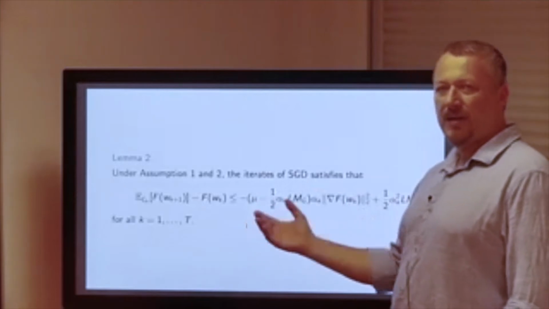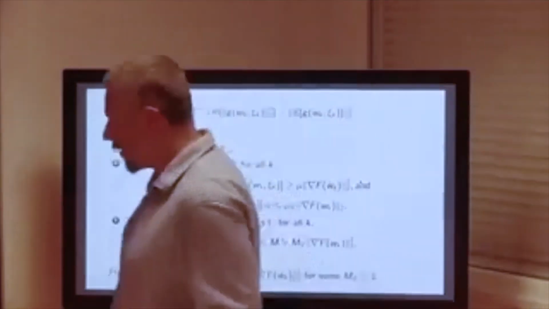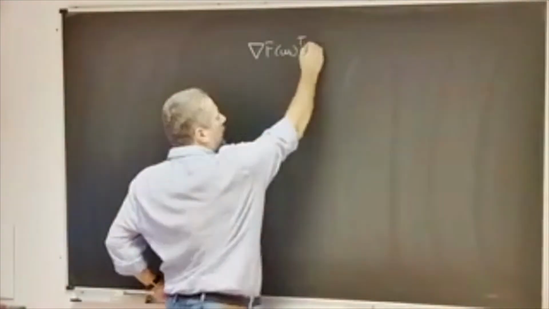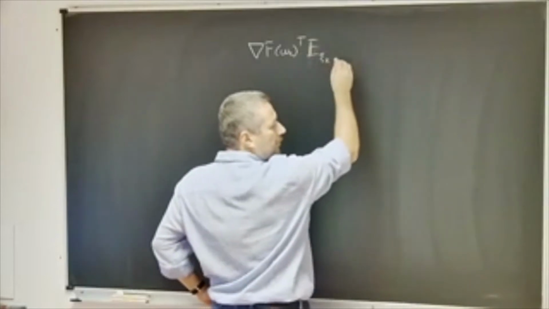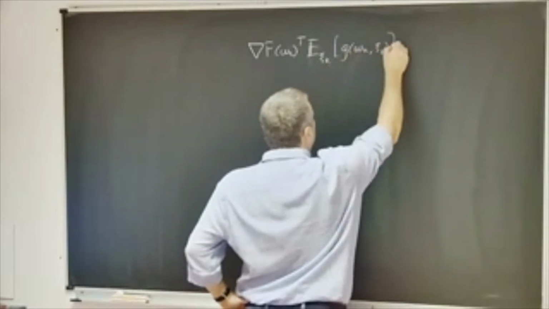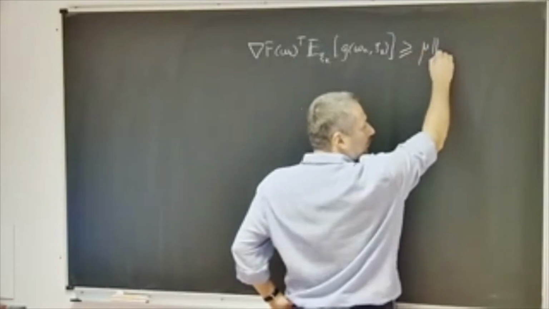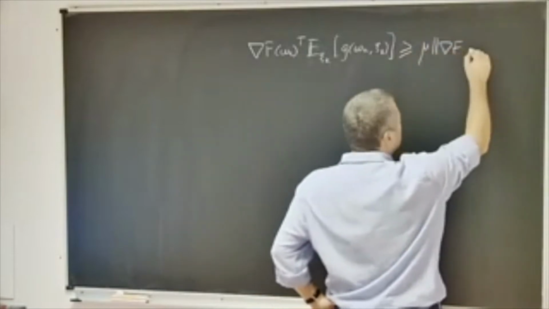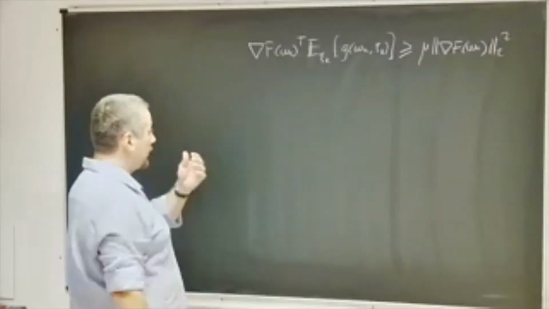Now we have mu, and it just comes from the property we assumed: the inner product of the gradient of f at omega_k with the expected value of G at omega_k is bigger than or equal to mu times the non-squared norm of the gradient of f at omega_k, for some positive mu.